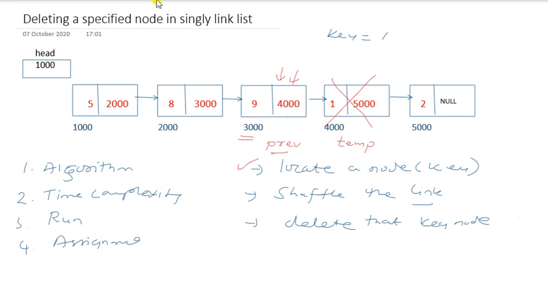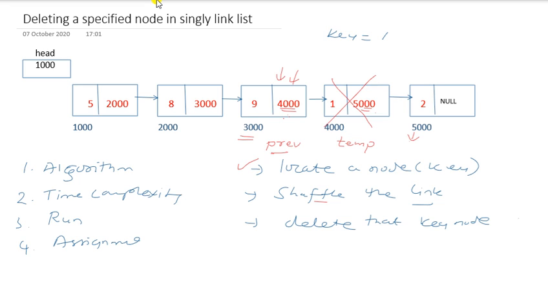Then shuffling will be what? You are supposed to modify the previous node's link. This link you are supposed to modify. What should it be? It should be the temp link, because when this node is deleted, the node after it will become the next node of this 3000 node, the previous node. So the previous link will be the temp link.